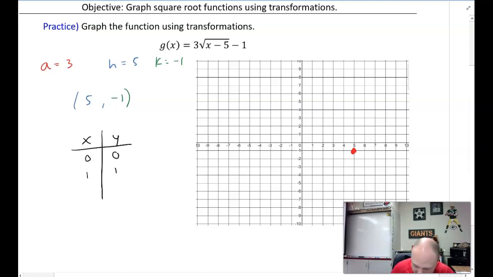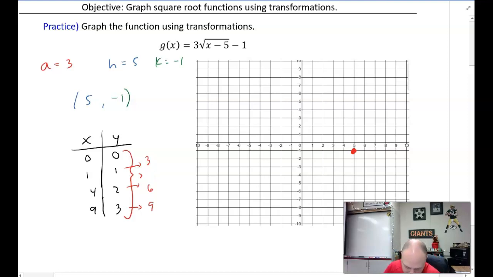So how does that affect the graph? Well, you should have had vertical stretch by a factor of 3. And vertical stretch, again, is going to affect your y values. All of them are going to get multiplied by 3. So 0, 0 unaffected, because 0 times 3 is 0. But 1 times 3 is 3, 2 times 3 is 6, and 3 times 3 is 9.